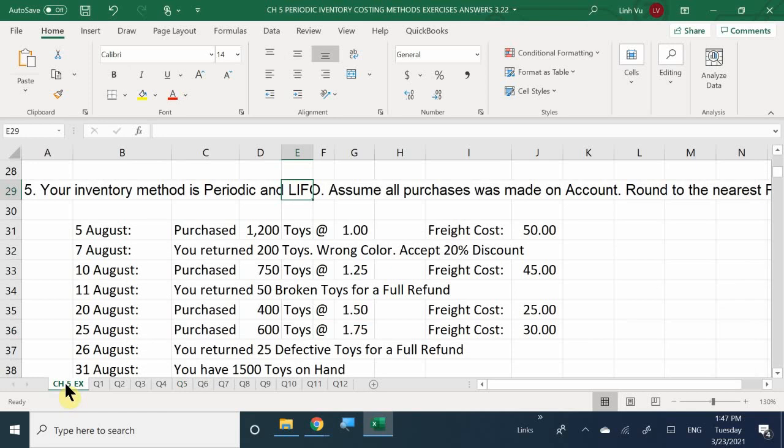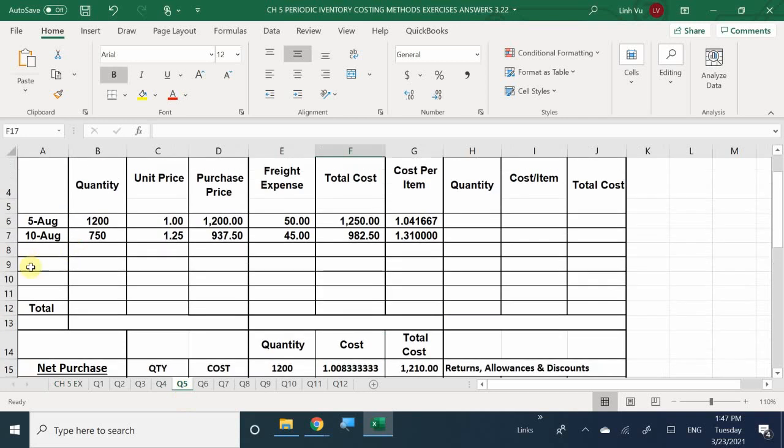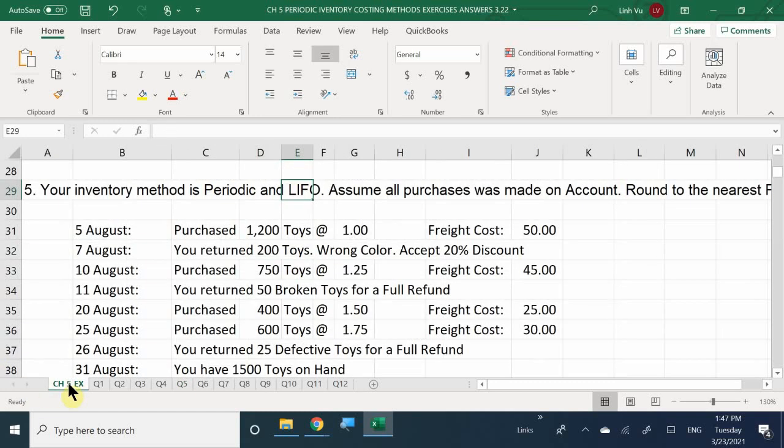So now here we are. What has happened on August 20th? We purchased 400 toys at $1.50 apiece at a freight cost of $25. Okay, so 400, 150. So now we are on August 20th. We purchased 100 toys at $1.50 with a freight of 25. Right?